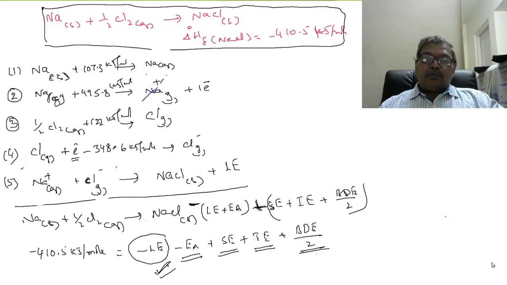Right? Now, if you substitute the values, you will get the lattice energy of the ionic crystal.